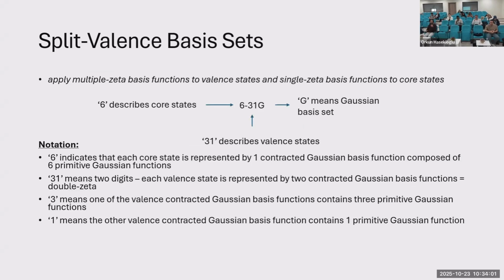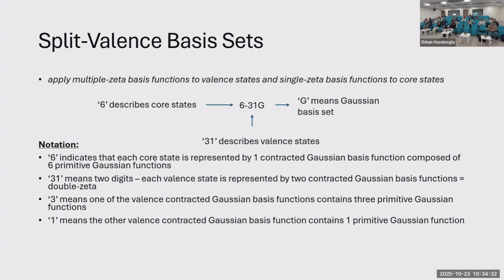So when it comes to split valence basis sets, yesterday we used in the example calculation the 6-31G basis set, right? This one is an example of applying multiple zeta basis functions to valence states and single zeta basis functions to core states. 6 describes the core states, 31 describes valence states, and G means Gaussian basis set, okay?